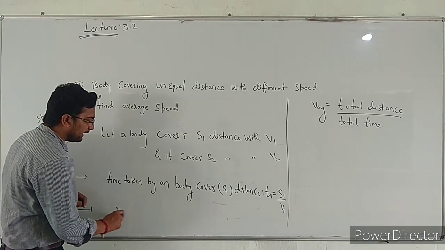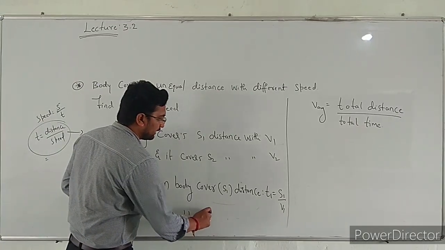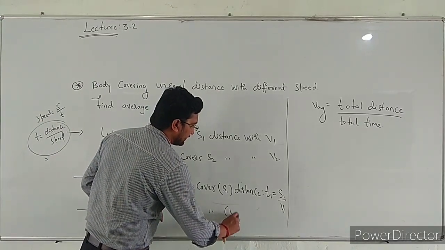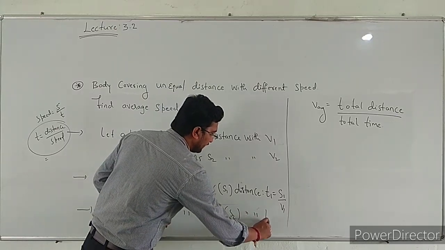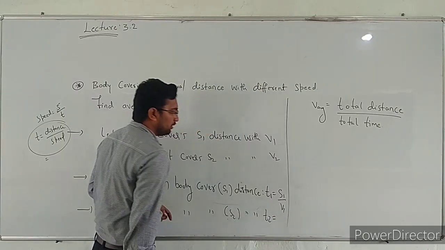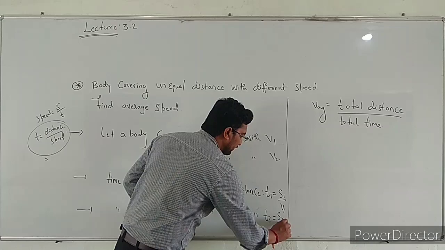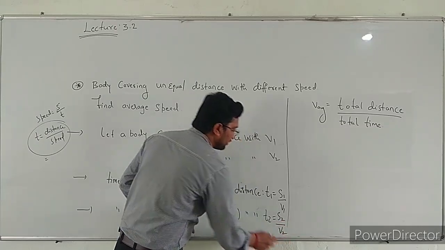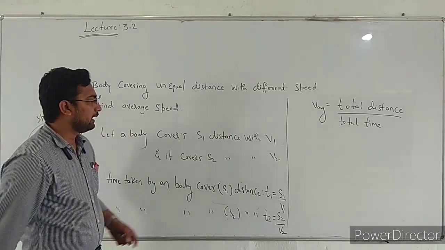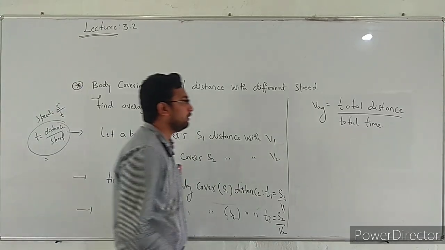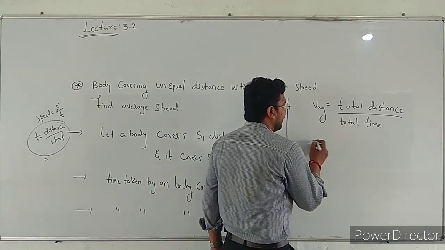Similarly, the time taken by the body to cover s2 distance is t2. So t2 is equal to s2 divided by v2. So these are the t1 and t2 values, and we already know the s1 and s2 values. Then we find the average speed.